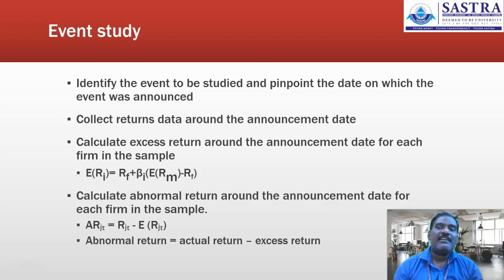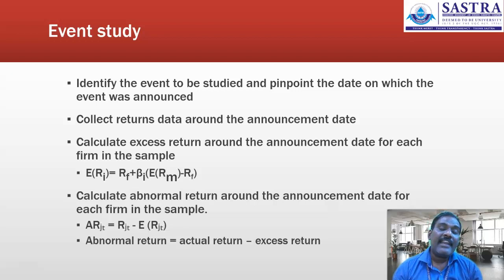So the first step is to identify the event, and then how the data and returns are going to be collected. That we call an event window. The event window consists of the dates on which the returns are collected. Let's say 2nd May 2022 is the event date.